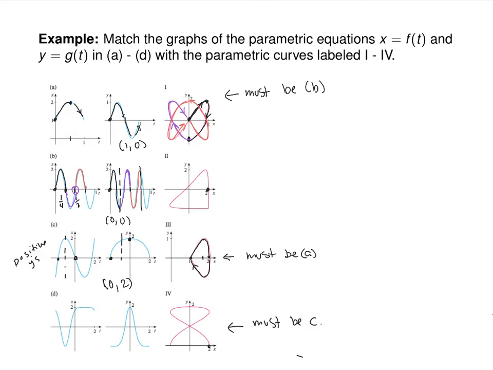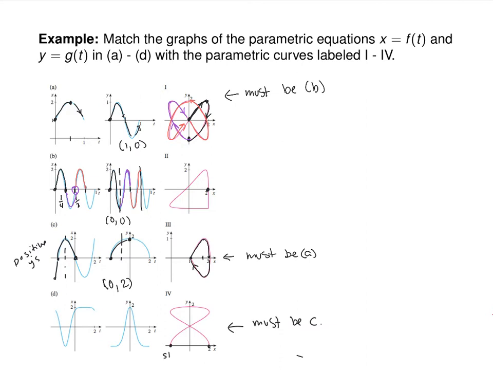So it looks like what's happening is that the x's start negative and they go through 0, and then they go to positive 2, and then back to 0 as the y traces up to 2. Okay, so the x's start negative.